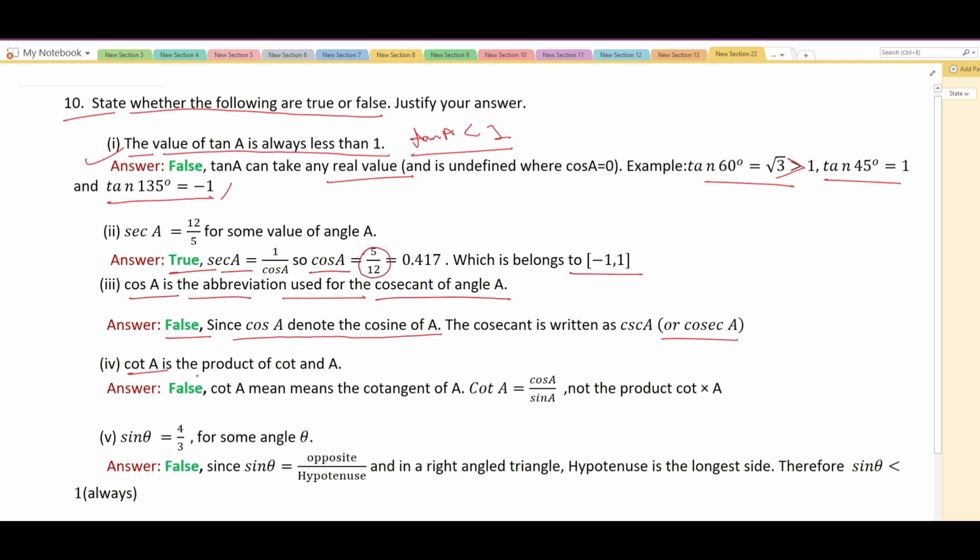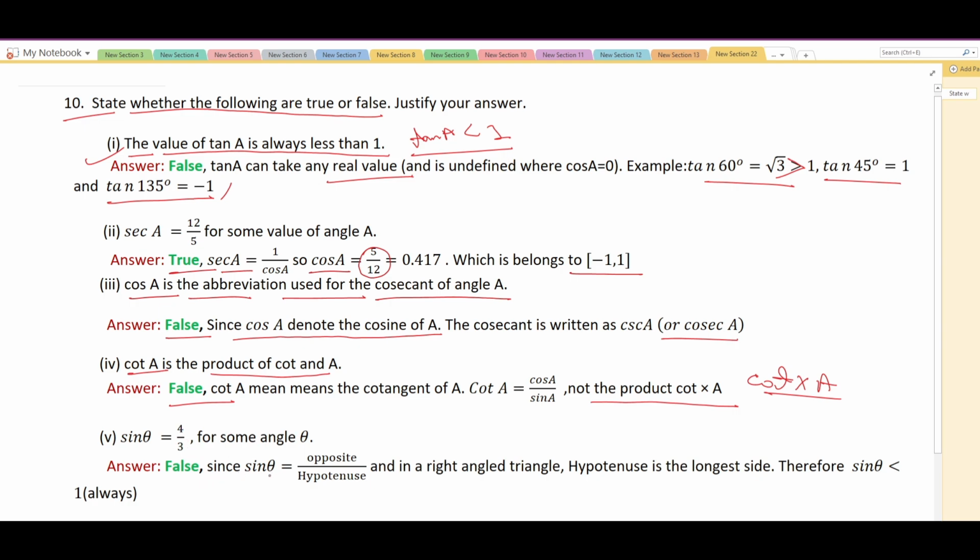Cot A is the product of cot and A. This is false, as cot A equals cos A by sin A, not the product of cot and A. Sin theta equals 4 by 3 for some angle theta.